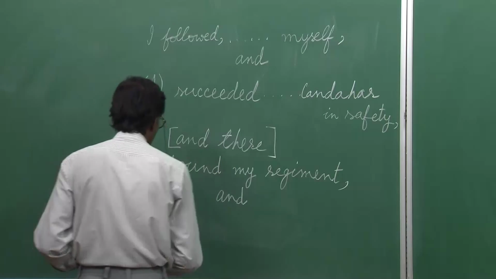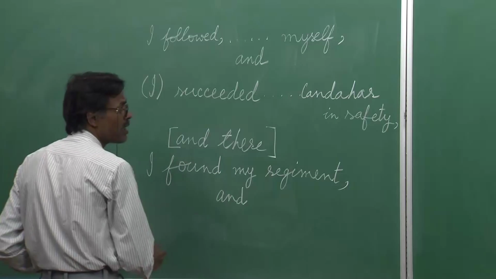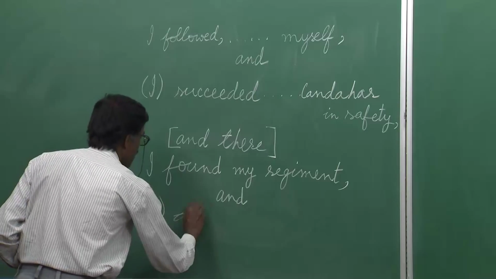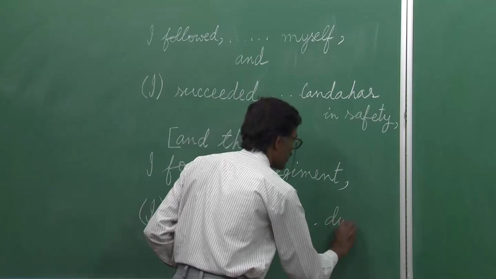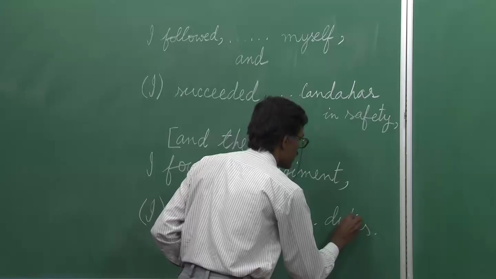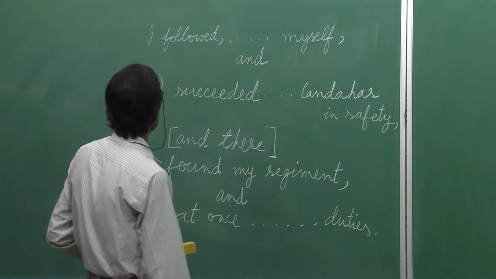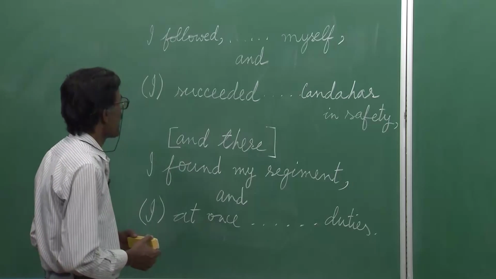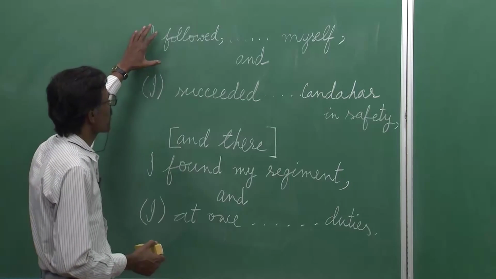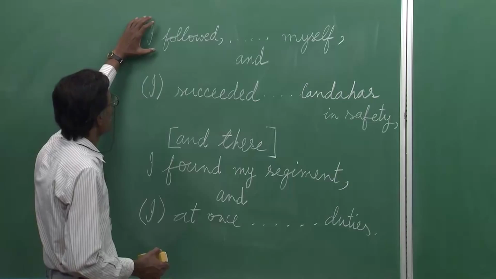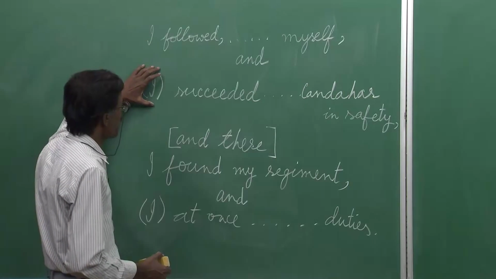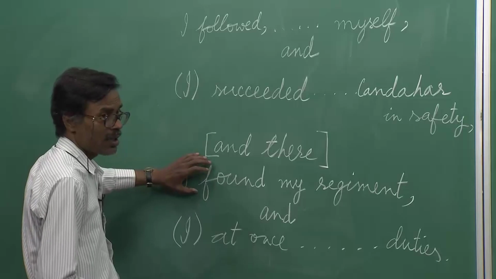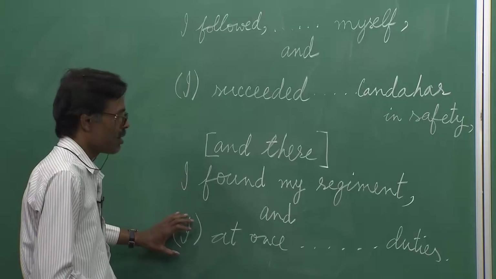And finally, you can interpret it as a compound sentence consisting of 4 clauses, this one and this one, and there this one and this one.